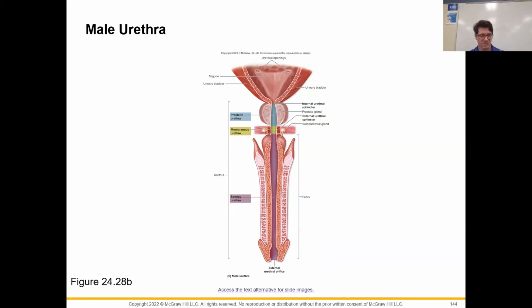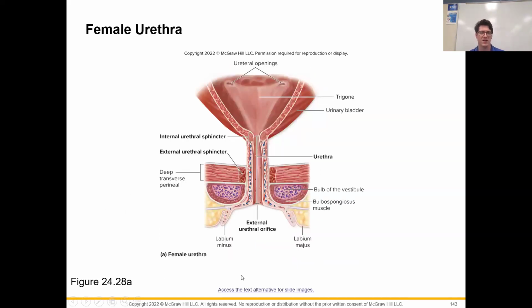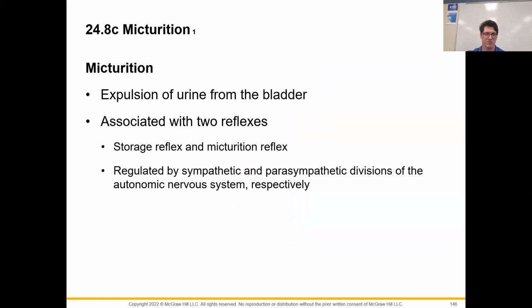Because of this, males very rarely have urinary tract infections. Females, because of the proximity of the external urethral orifice to the anal canal, are going to be much, much more subject to having urinary tract infections, where they are quite common.